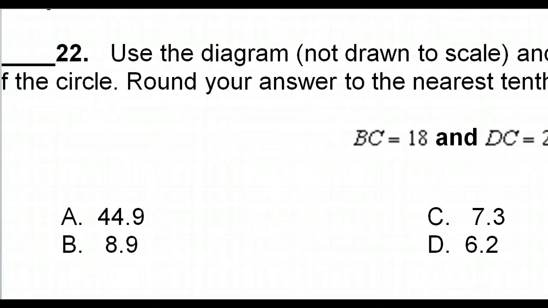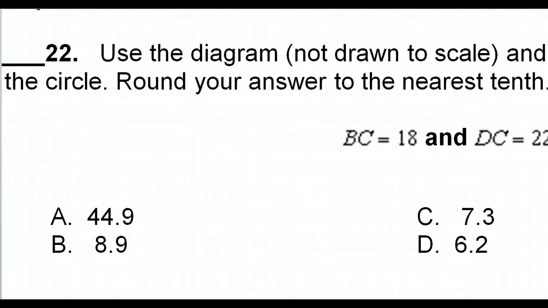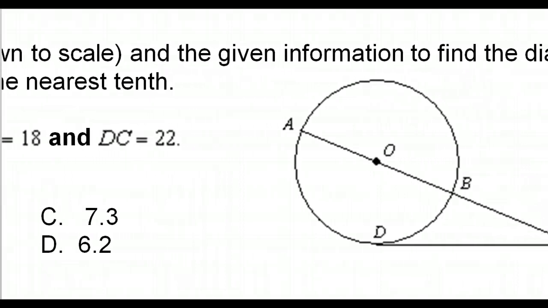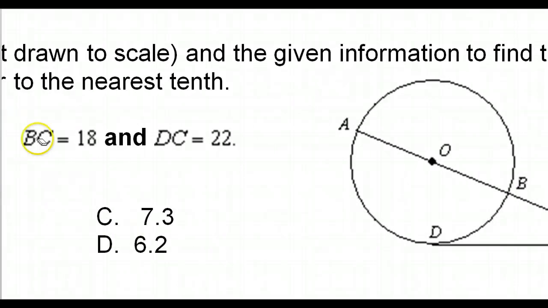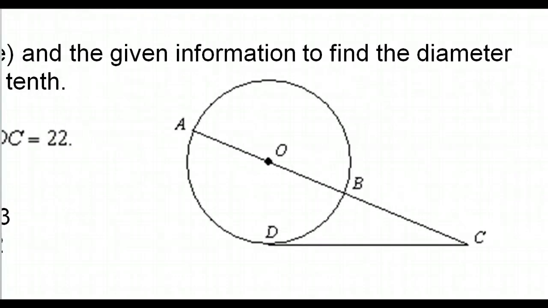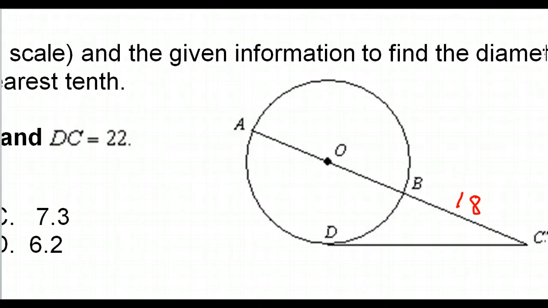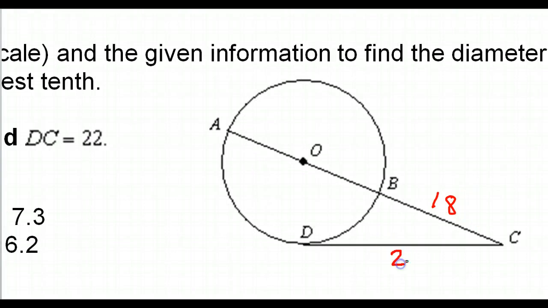Alright, number 22. We are given BC is 18. Okay, BC is 18, so let's put that in the picture. We are given that DC is 22, so that's down here.